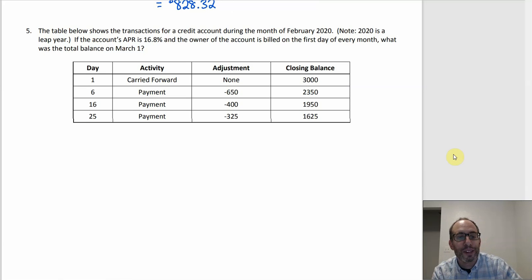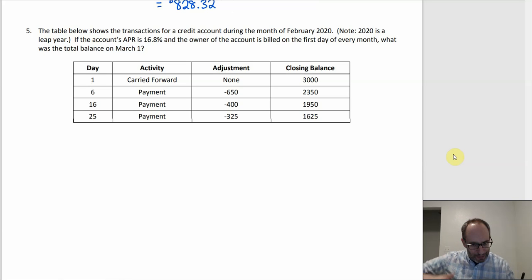And then if the account's APR is 16.8%, so we'll have to convert that into a monthly rate, and the owner of the account's billed on the first day of every month, what would be the total balance on March 1st? Okay. And if you look at this account, it looks like whoever has this account, they're just paying off their balance, right? They didn't buy anything.